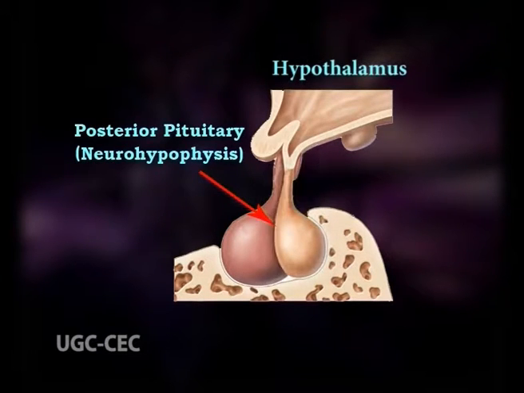It is composed largely of the axons of hypothalamic neurons which extend downward as a large bundle behind the anterior pituitary. It also forms the so-called pituitary stalk, which appears to suspend the anterior gland from the hypothalamus.